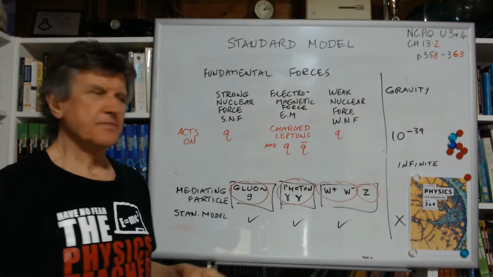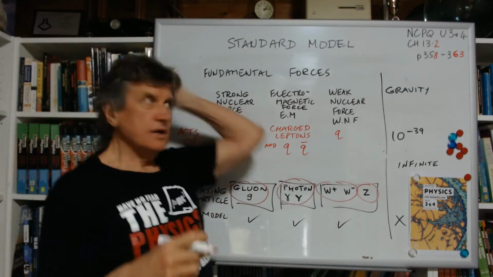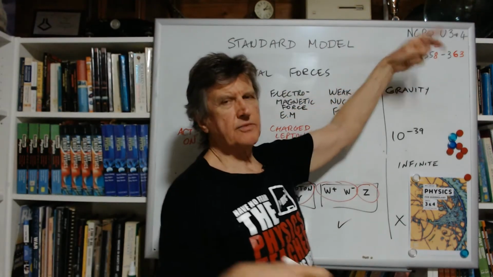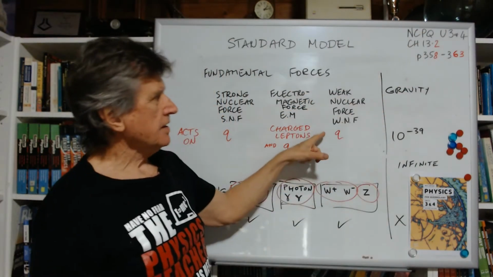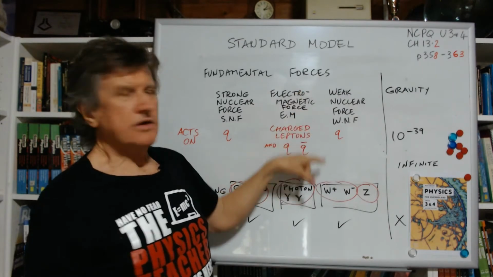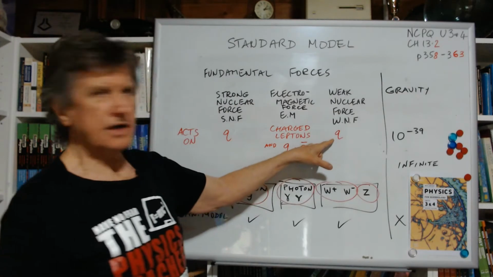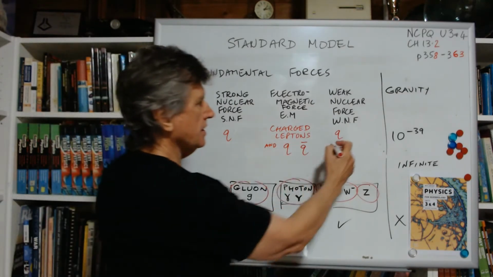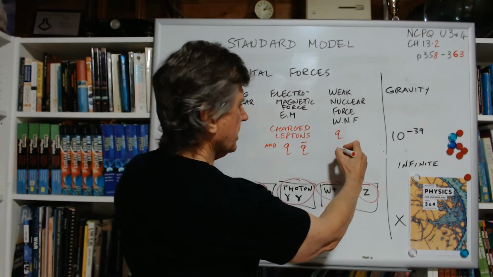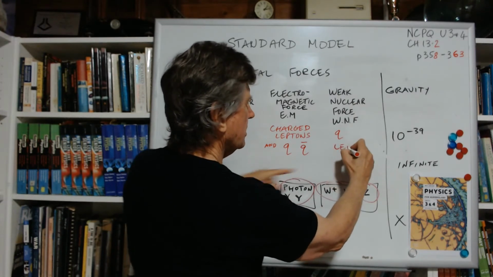Now the weak nuclear force will apply to quarks. You'll see when you do the next chapter, chapter 14, which is about particle interactions, that the weak nuclear force acts between, or acts on, quarks and between leptons. So I'll put leptons here.